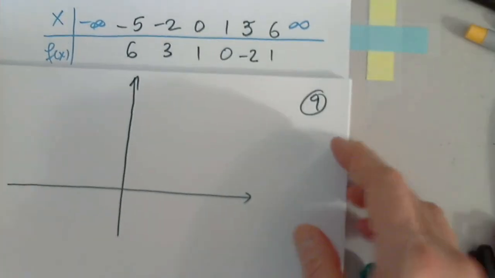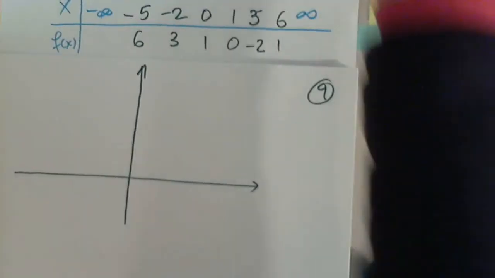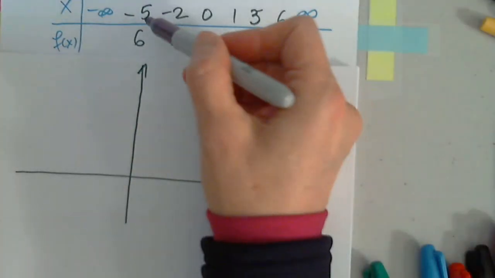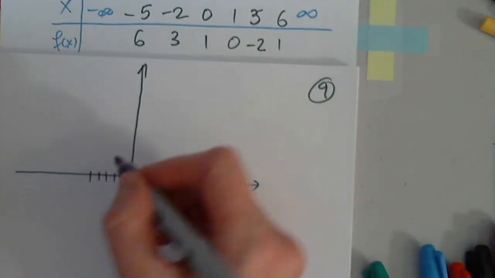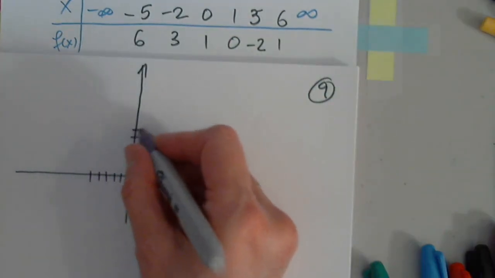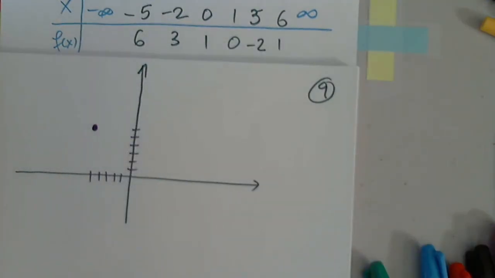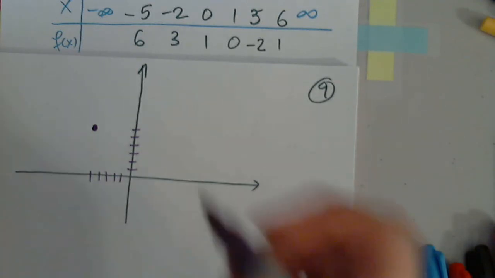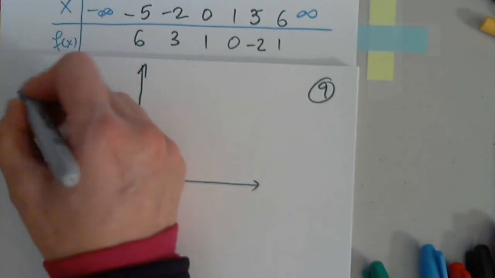I'm going to plot from left to right. And Kush, give us the first ordered pair. -5, 6. 1, 2, 3, 4, 5. 1, 2, 3, 4, 5, 6. Next point then. -2, 3. It's an ordered pair, negative 2, comma 3.